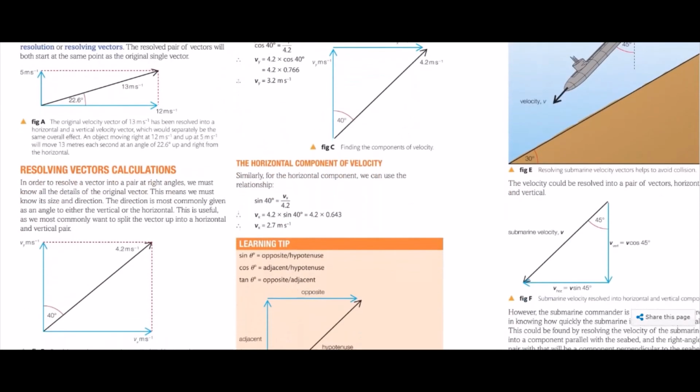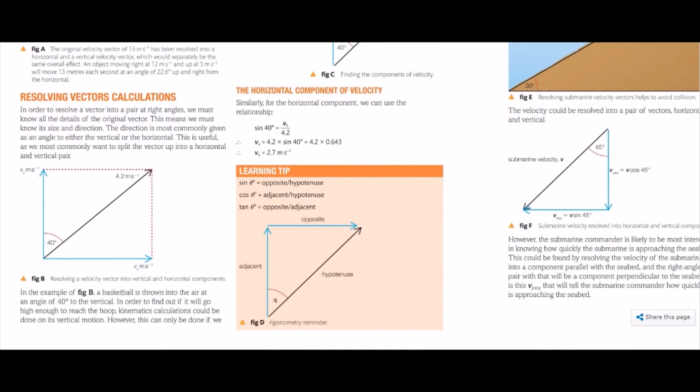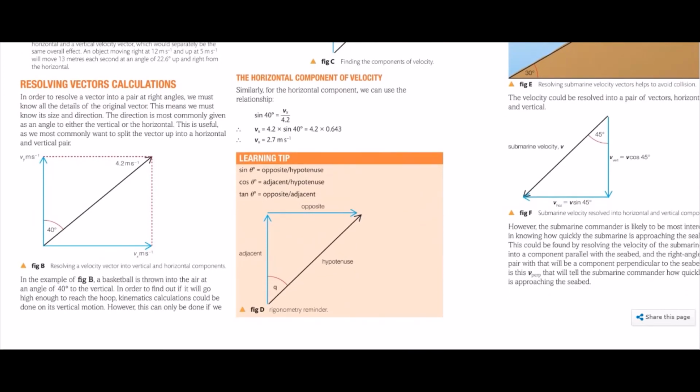So for example, you can see in figure B in your textbook, a velocity is specified with an angle with respect to the vertical axis. Here, you can see the traditional xy coordinate system, in which the positive x-axis is oriented towards the right and the positive y-axis goes upwards.